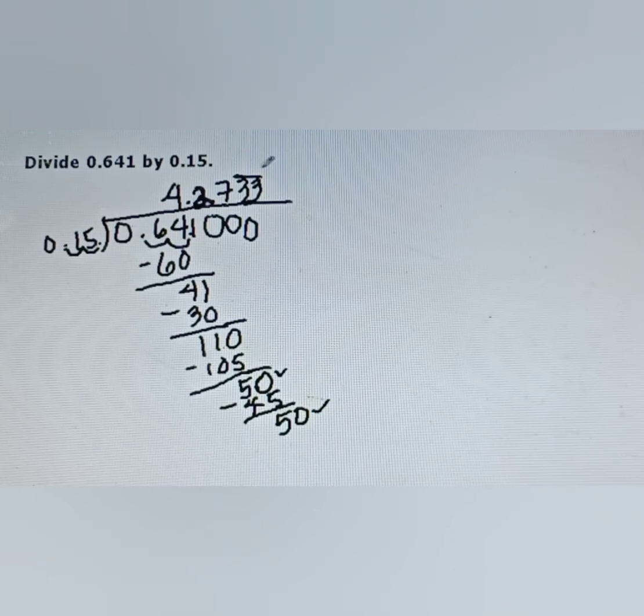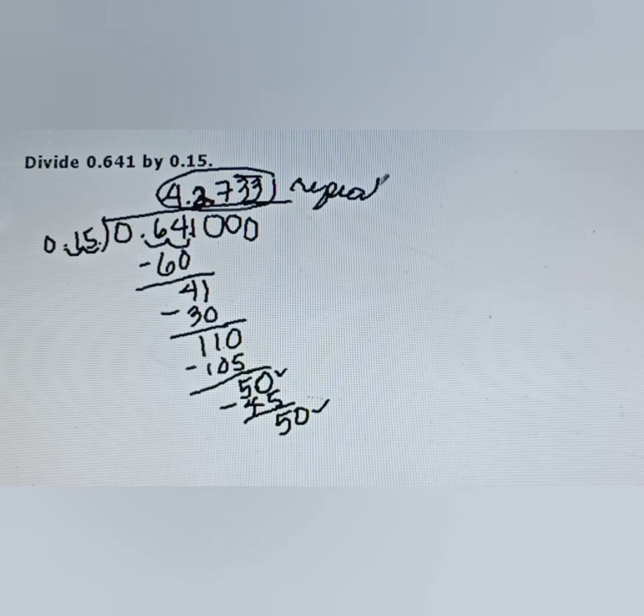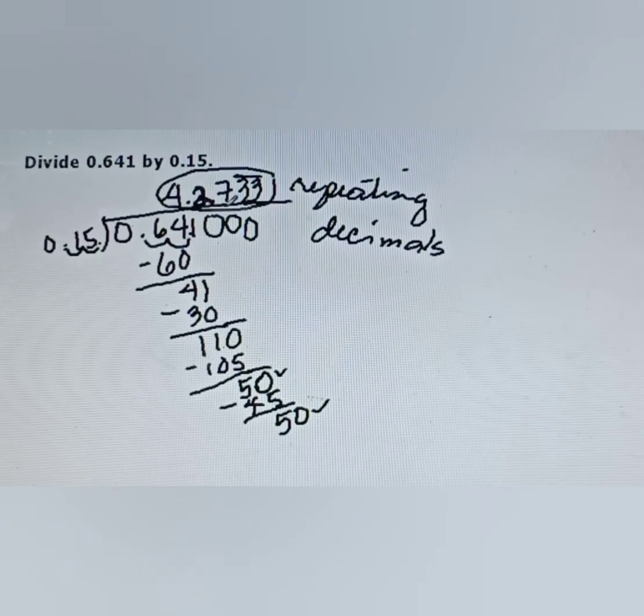An answer like this, wherein there is no end, we call a repeating decimal. So our answer is 4.273333 and so on. Again, we call it a repeating decimal.